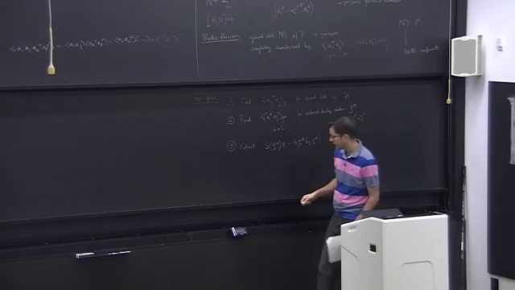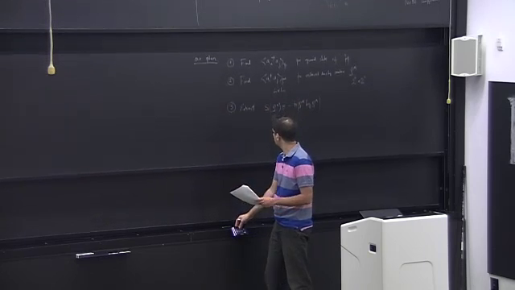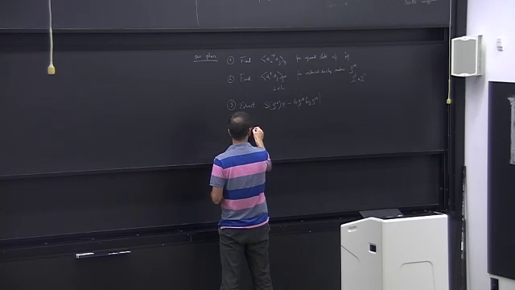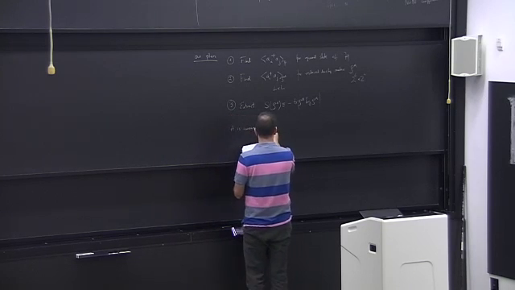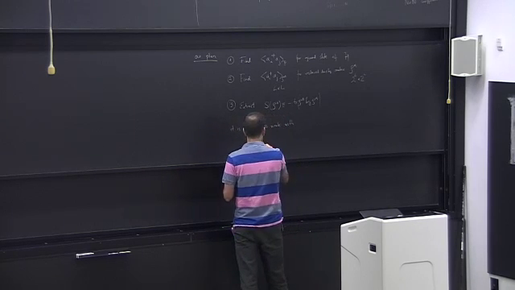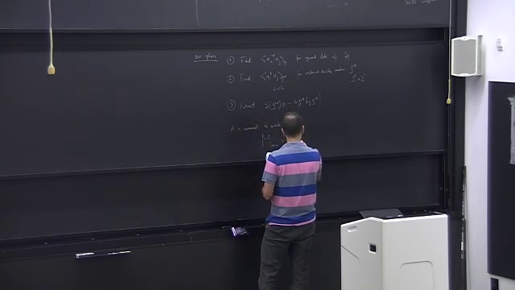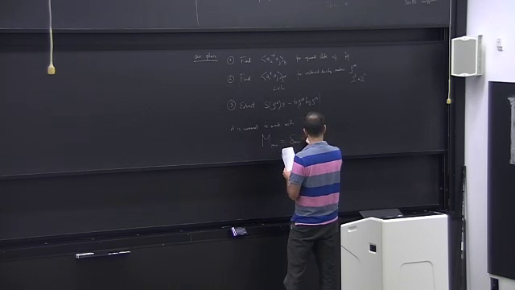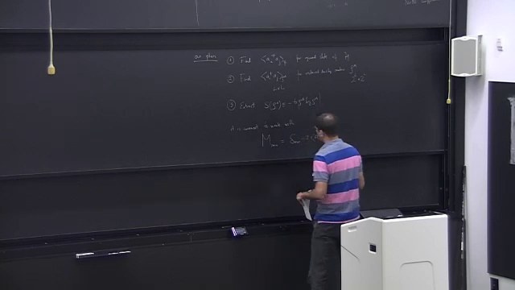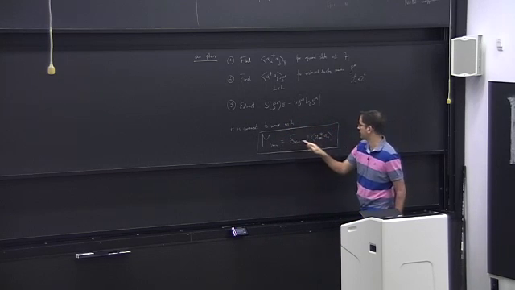And finally, the other comment is that it is convenient to work with a matrix M, which contains exactly the same information as the 2-point correlators. Okay, so giving this or giving that is the same.